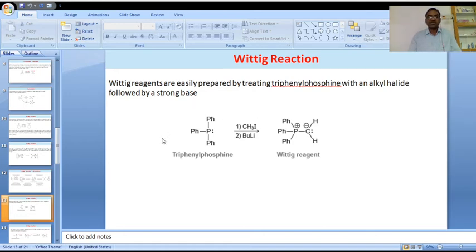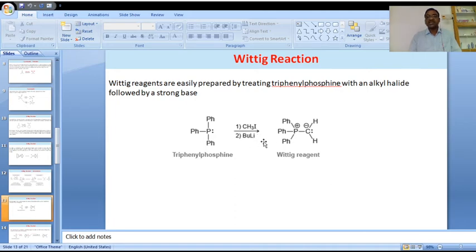Here please observe, this is the starting compound triphenylphosphine, on reaction with the alkyl halide, here methyl iodide, in the presence of a strong base, here butyl lithium.